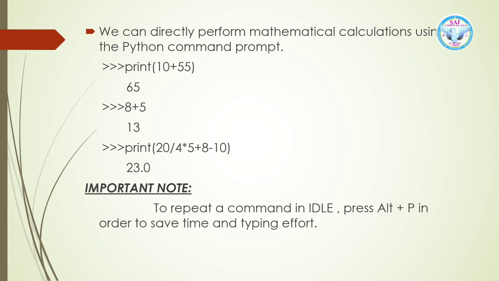And even some more complicated expressions you can give within the print statement. See here, print of 20/4 star 5 plus 8 minus 10. So what happens? It will be simplified, that is, it will be calculated and you will get the result. Okay, you can take more examples and type them in. If you have a computer, you can try it out with some more examples.